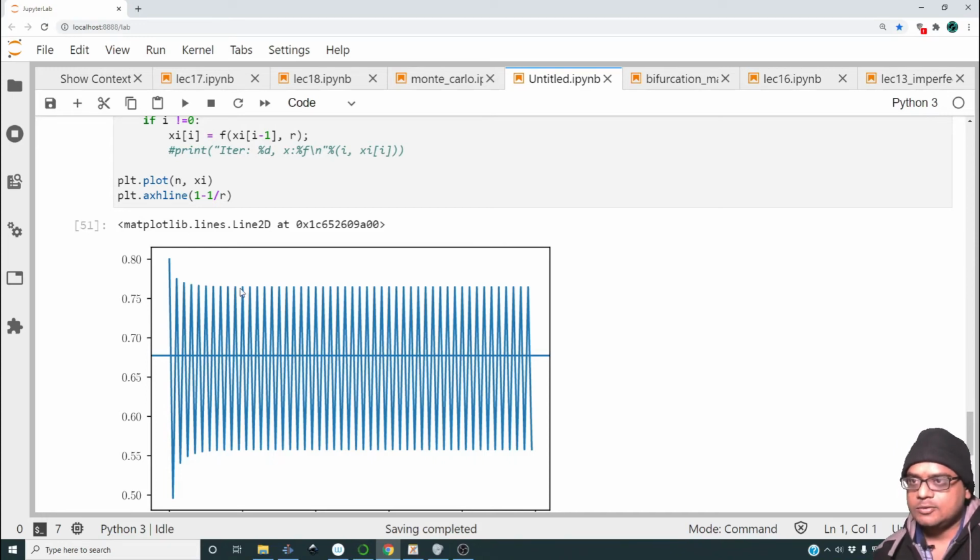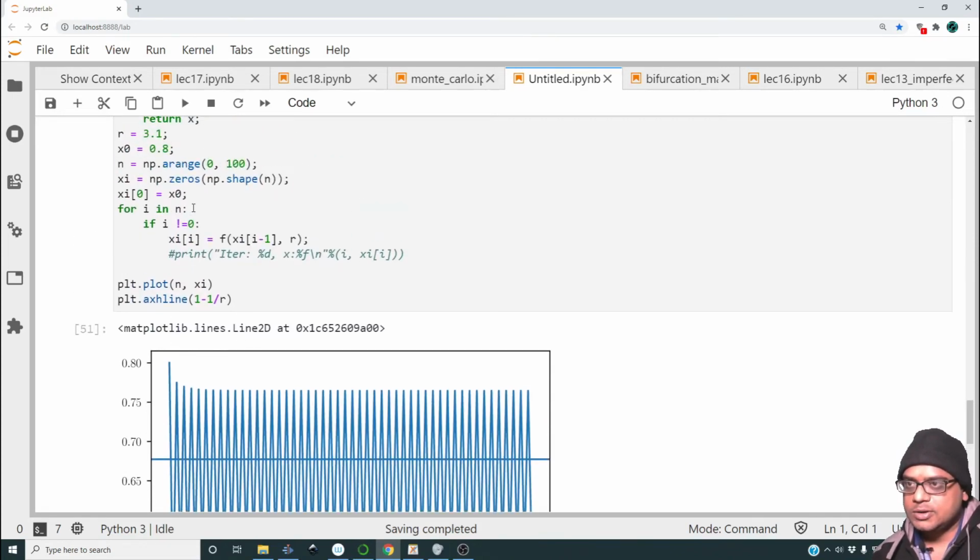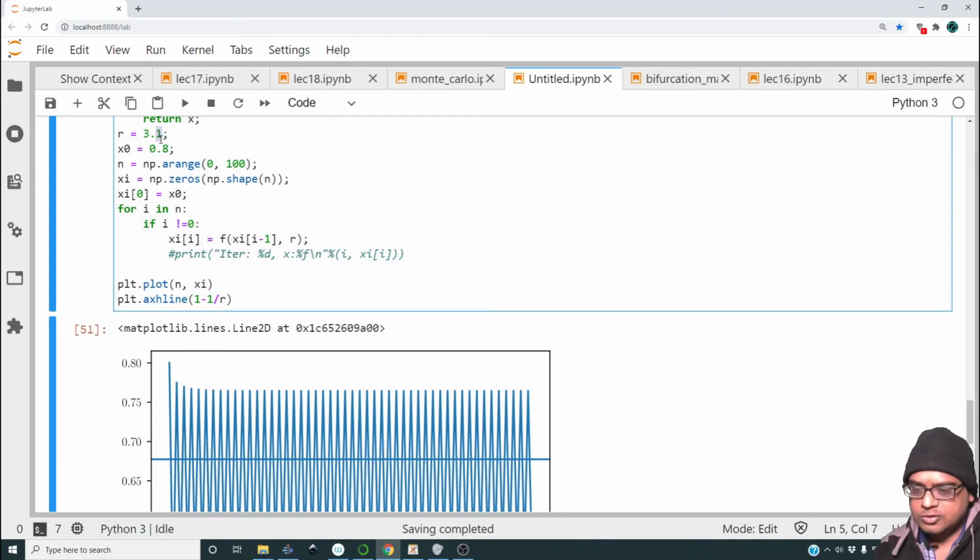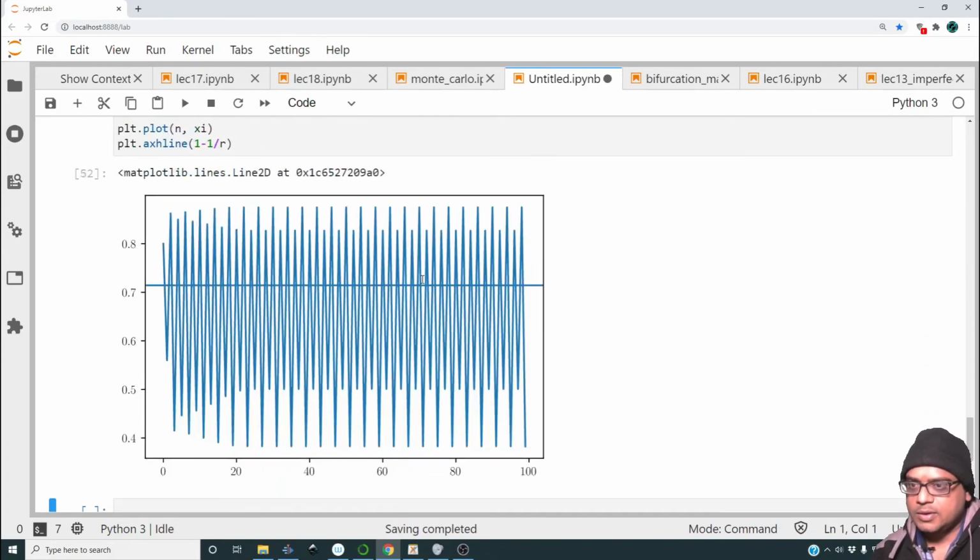Okay, so let me now increase the value to 3.5. Now what happens? It appears to go 1, then 2, then 3, then 4, and then again it repeats. So we see that the frequency has increased.